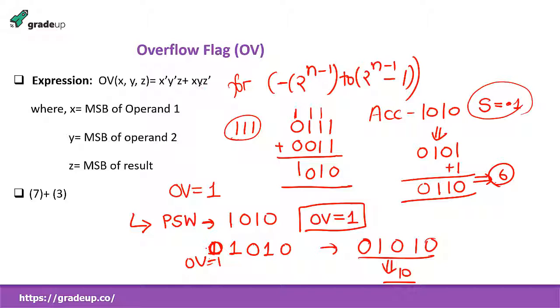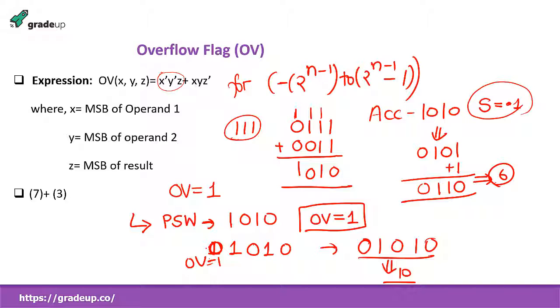In this expression I have taken the condition x, y, z bar, where x is the MSB of operand 1, y is the MSB of operand 2 and z is the MSB of the result. In this case overflow occurred when this was 0, 0 and 1. So x bar will be 1, y bar will be 1 and z will be 1. That is, this condition represents the positive overflow.